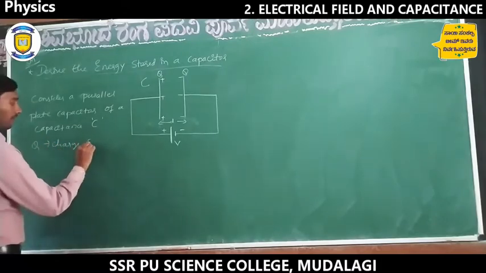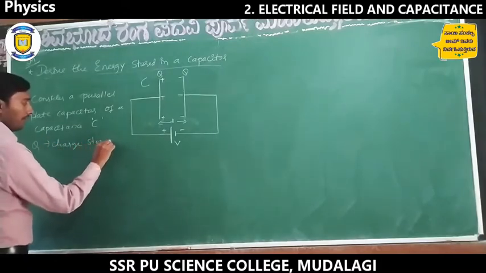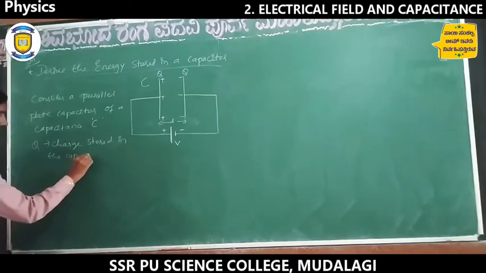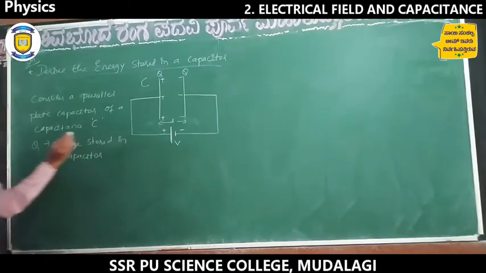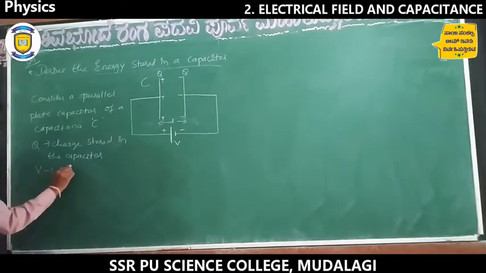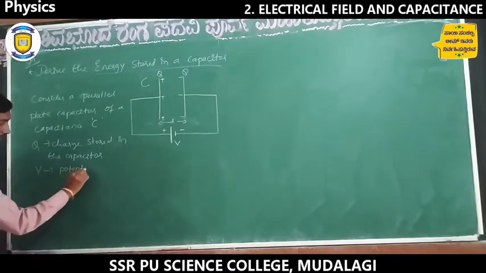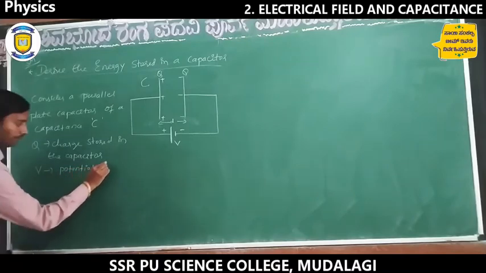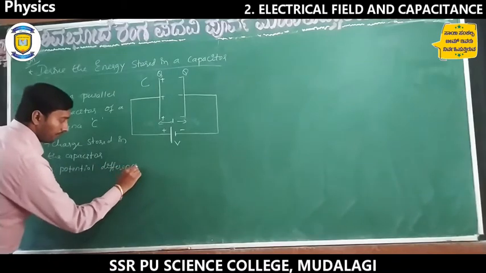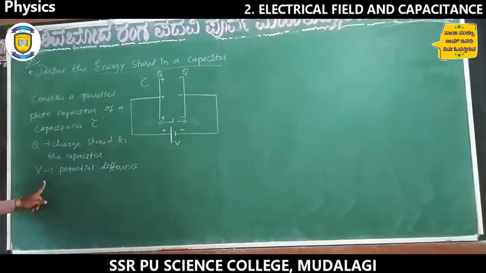Q is the charge stored in the capacitor and V is the potential difference.